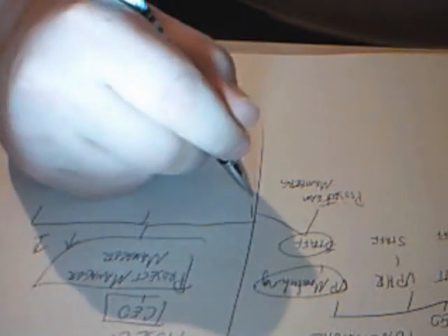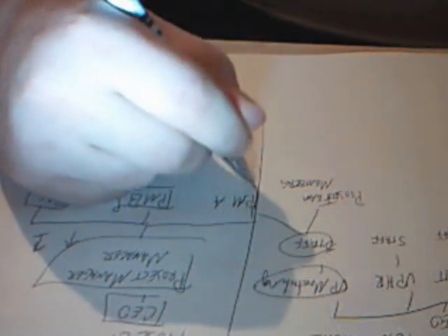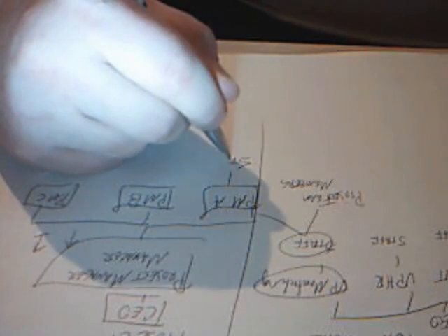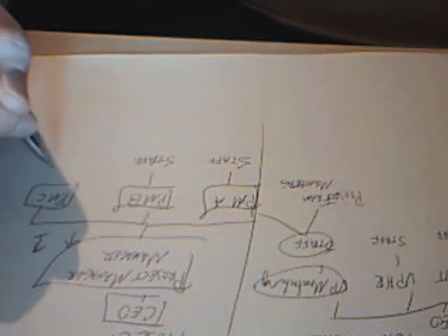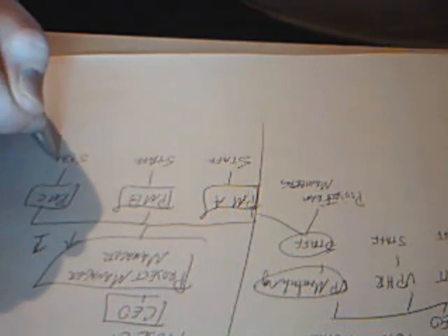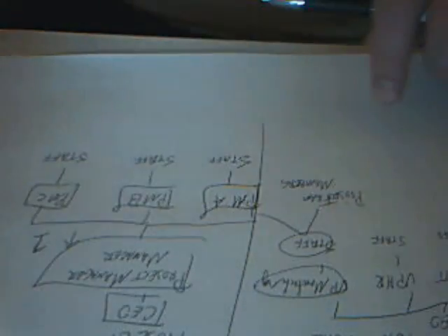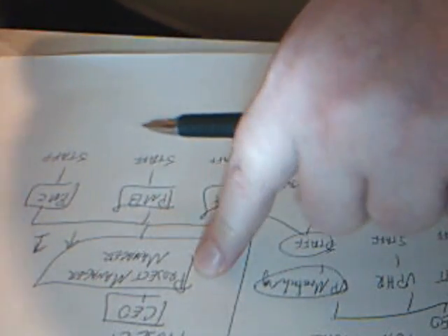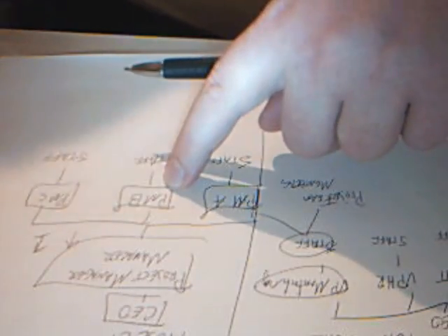That consists of project manager A, PM B, PM C. So in this, project manager A reports to the head project manager, doesn't care what's going on with project manager B. Same thing for project manager C, and then they all have their own dedicated staff that report just to them.